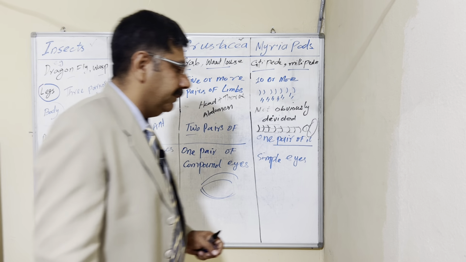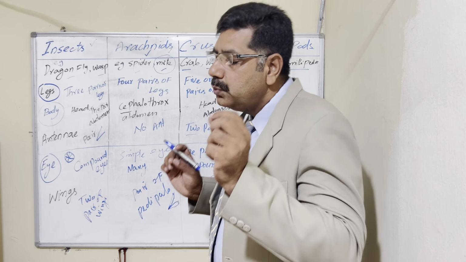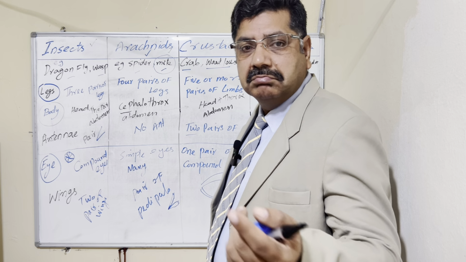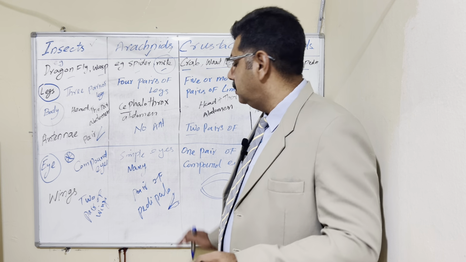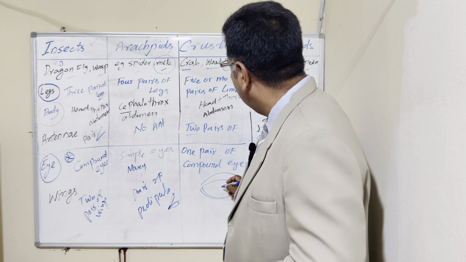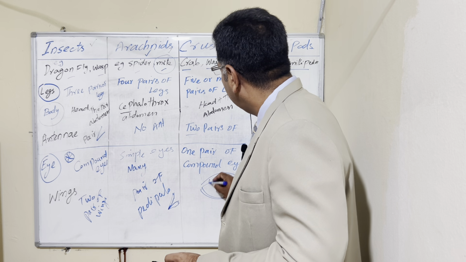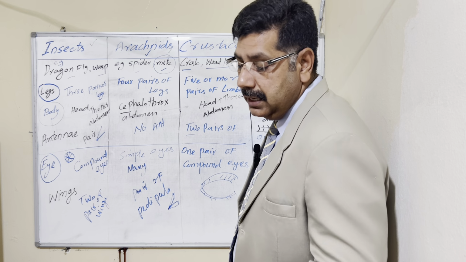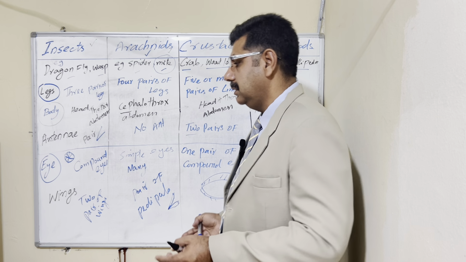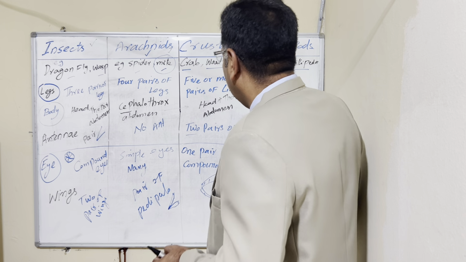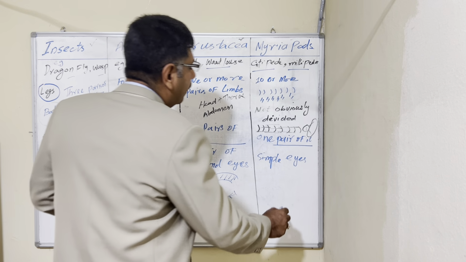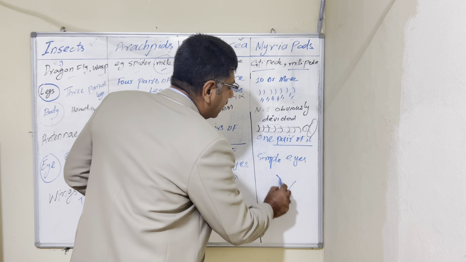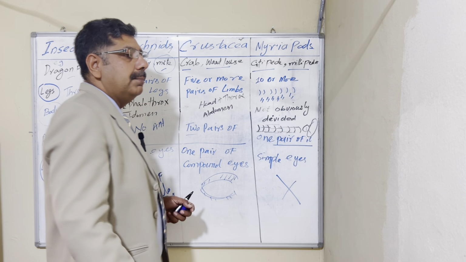The exoskeleton is very hard, made up of calcium carbonate, and it helps them to protect themselves, as they live in the sea. So crabs are protected, and there are no wings in myriapods.